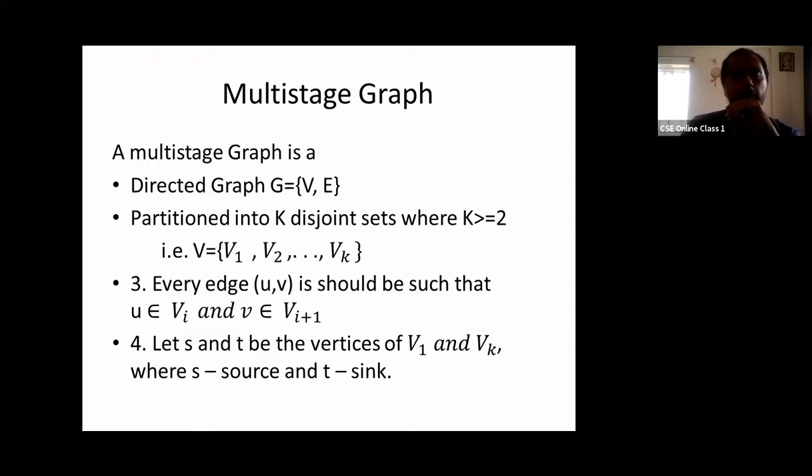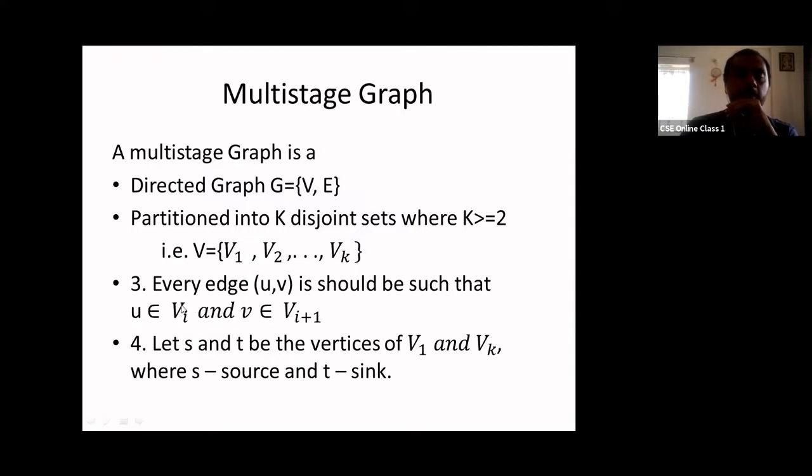Here, one more condition we have is that whenever you have an edge, it should originate from a vertex in the previous stage and end at a vertex in the next stage. So every edge UV should be such that U belongs to Vi and V belongs to the next stage, Vi plus 1.